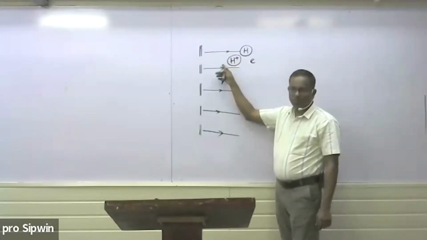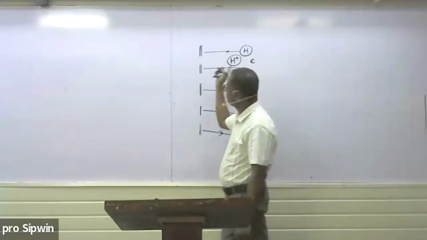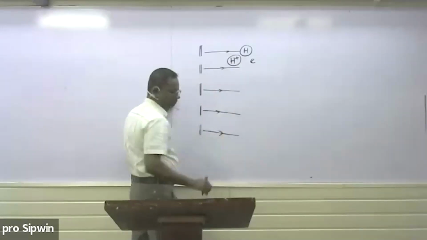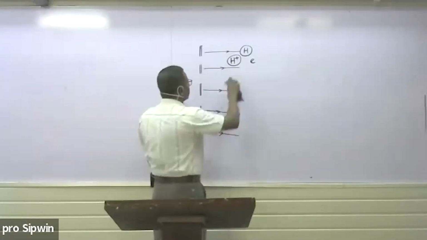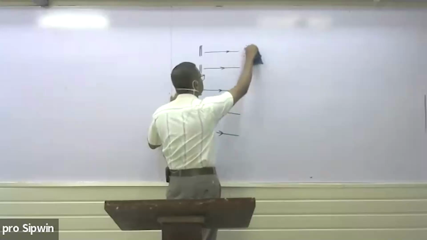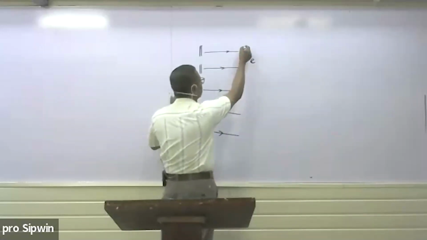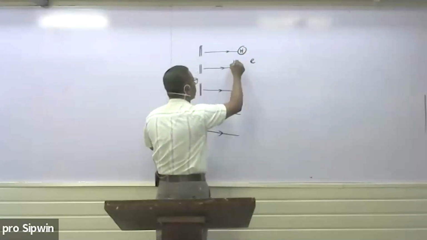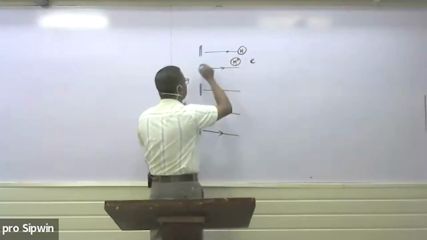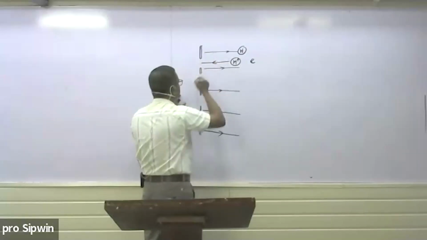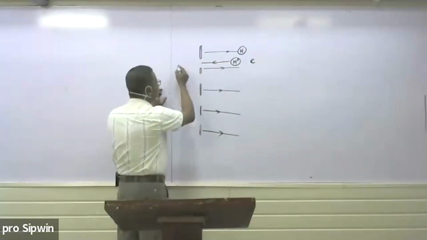But the forming positive ion starts to move in the opposite direction. Hydrogen H plus I will mark here. Then that one passes this side.